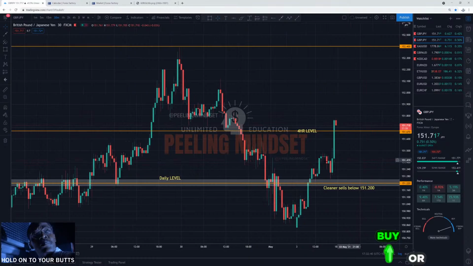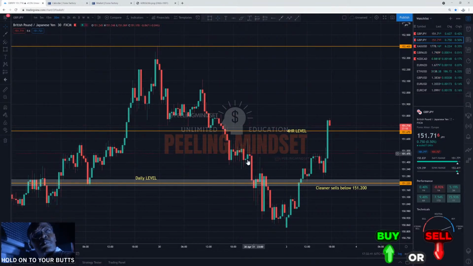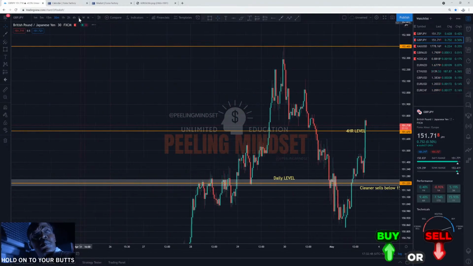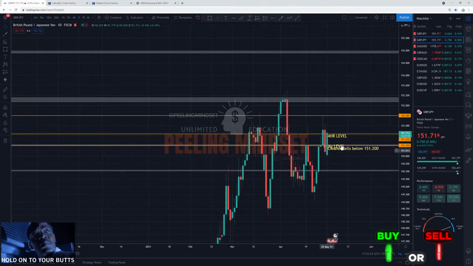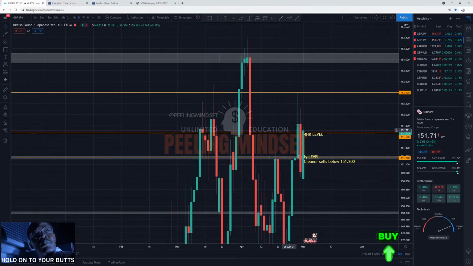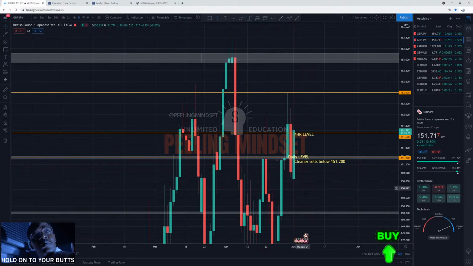Looking at the pound yen, it has actually broken this dirty range and is above the 4-hour level too. Let's look at the daily candle here. In the pound yen, the daily candle is very close to the daily resistance. So let's see what it's going to do. If pound yen also rejects the top side and moves down, that'll be a good idea for a sell.